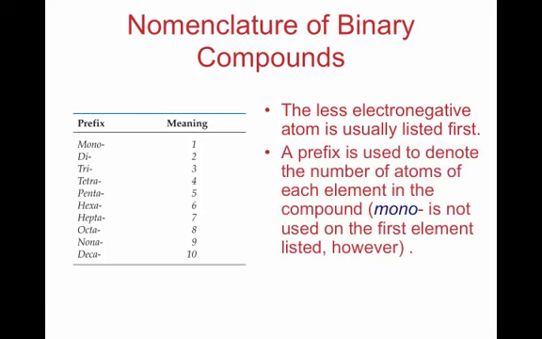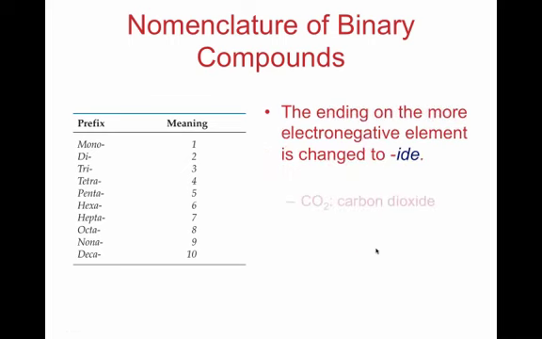A Greek prefix is used to denote the number of atoms of each element in the compound. So for example, mono, di, tri, tetra, penta, hexa, hepta, octa, nona, and deca. Now we always omit mono on the first element, because we can assume that it's there. But on the second element, it is required if you have one.